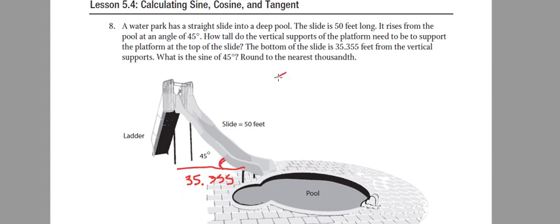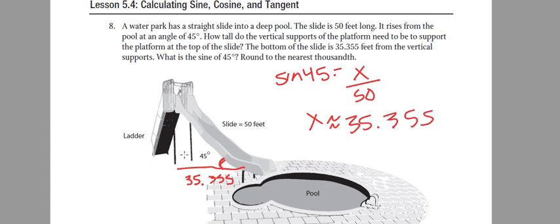So I'm going to do the sine of 45, and I'm trying to find the height here. So that's going to be x over our 50, because that's my opposite over my hypotenuse. So I know that that vertical there is going to give me an x of about 35.355.